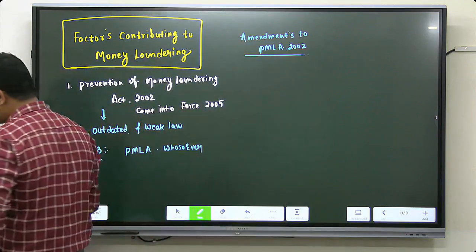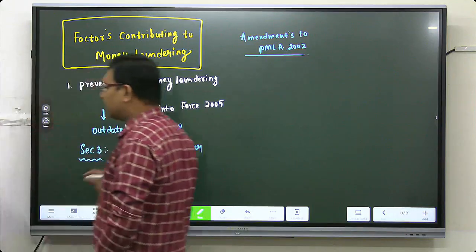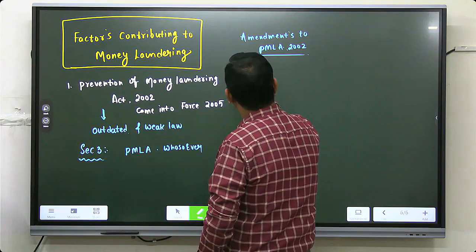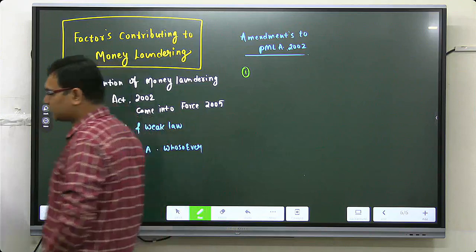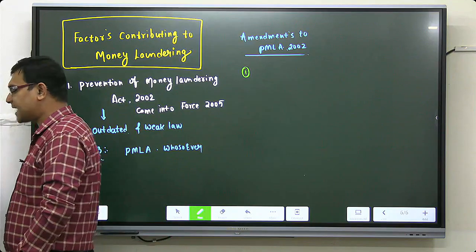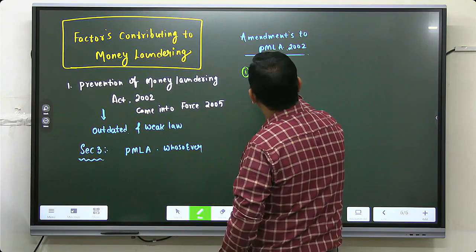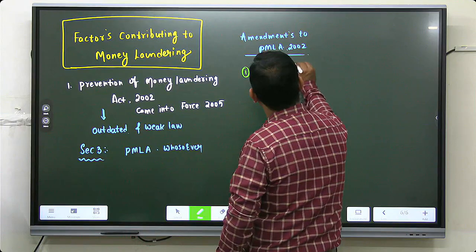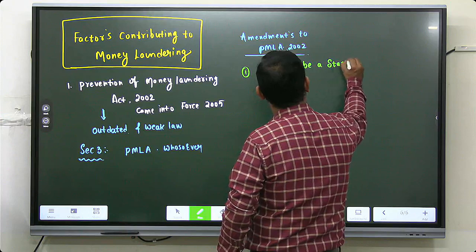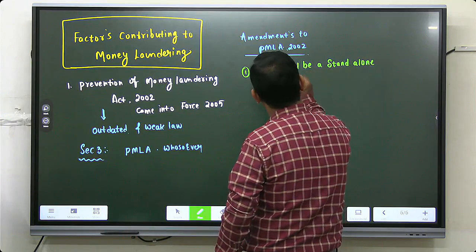The first amendment: you write it here, first point, money laundering as a stand-alone crime now. Money laundering will be a stand-alone crime. Stand-alone crime means what?